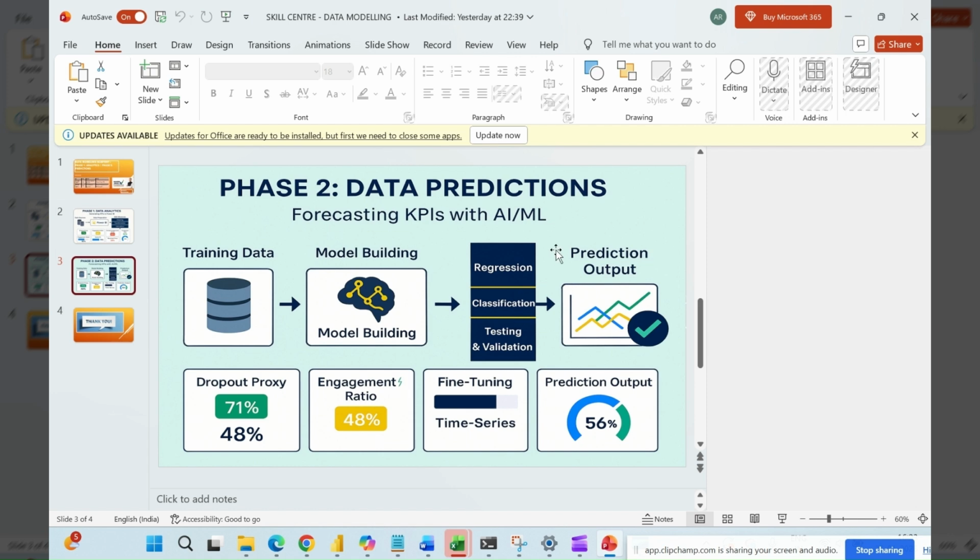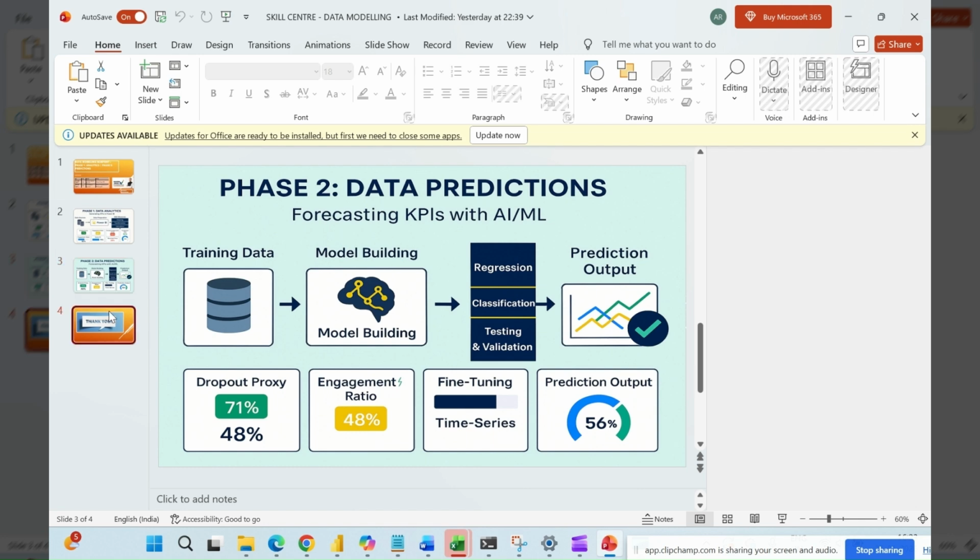We will do testing and validation, and fine-tune the prediction output so that these algorithms achieve higher accuracy. This will help us understand engagement trends and enable perfect project planning. So this is the phase two that I have planned and made for this blueprint.